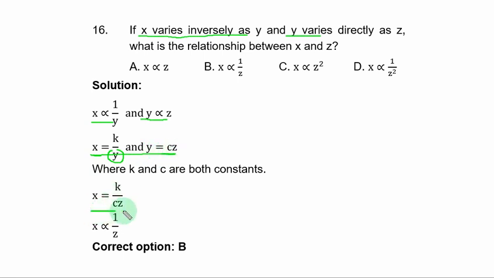You have it in this form. When we introduce equality sign, the symbol of variation disappears and you have constant also introduced. It therefore means that if you remove the two constants, you can as well introduce the symbol of variation. So you have S varies inversely as Z. B is the correct option.